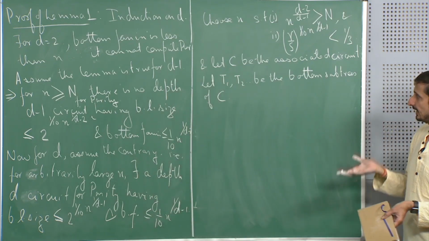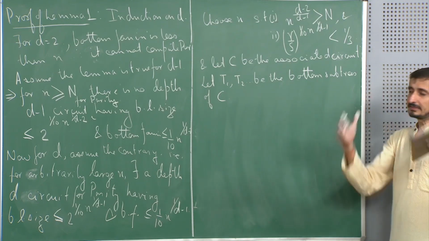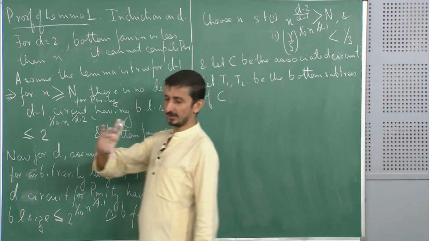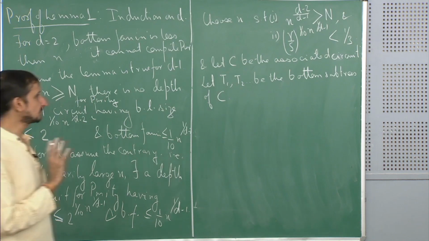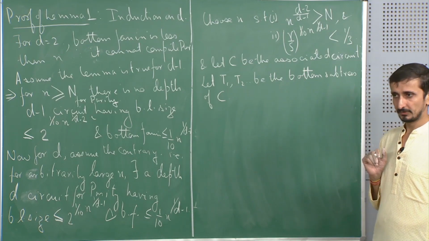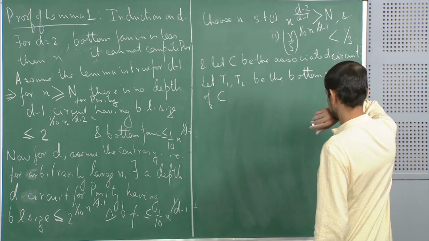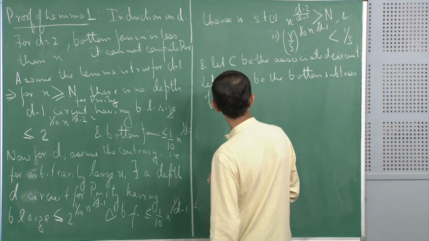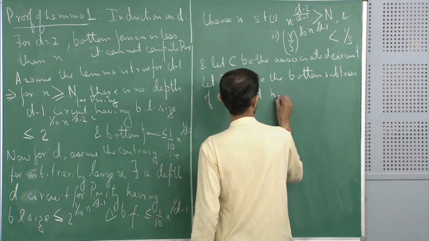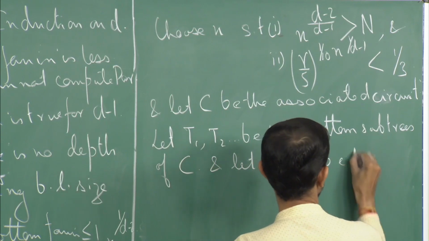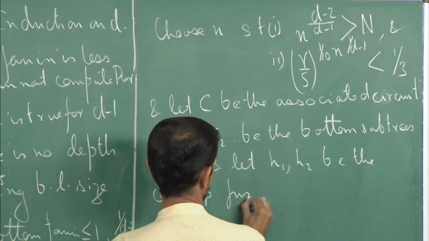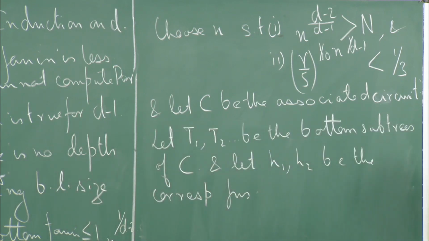So, we have this circuit C, and by bottom subtree I mean the subtree that we get by considering the last two layers. Okay. And without loss of generality, assume that these subtrees are in CNF form. Okay. And let H1, H2 be the corresponding functions computed by these subtrees.